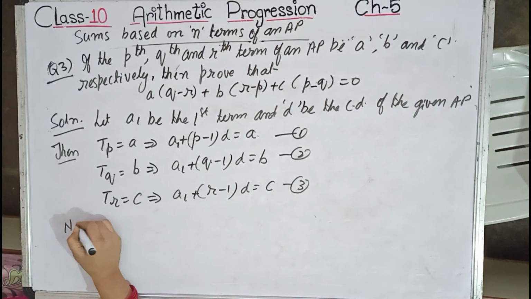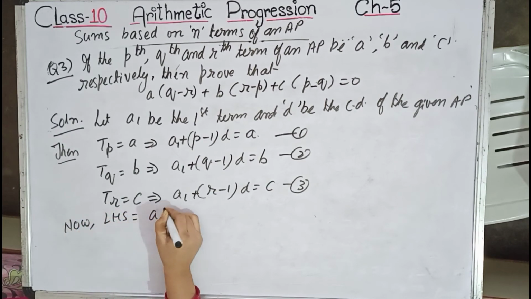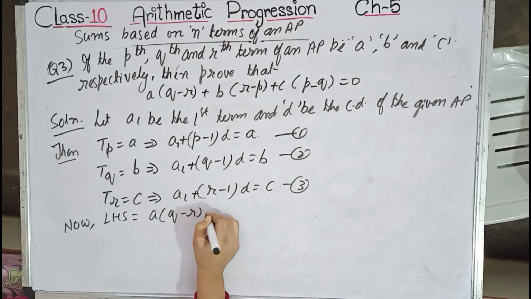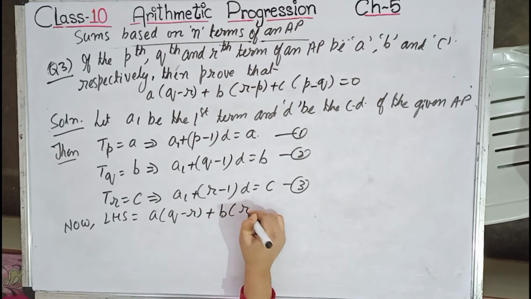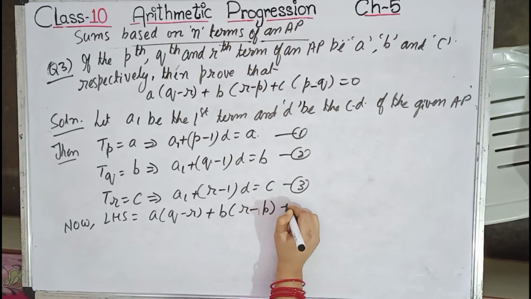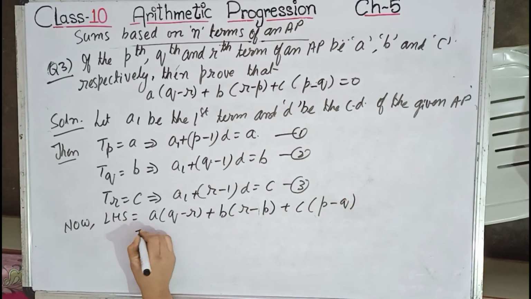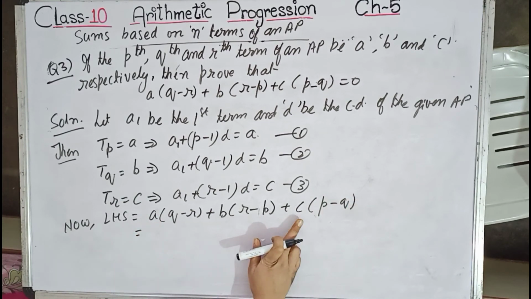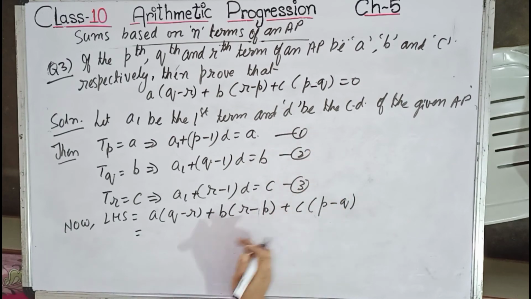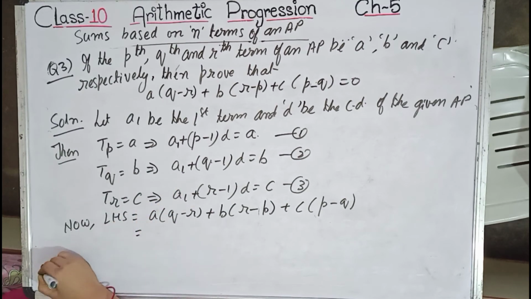Now LHS equals to a into q minus r plus b into r minus p plus c into p minus q. Now let us put the value of a, b and c from equation 1, 2 and 3. Since I have less space, I say verbally.